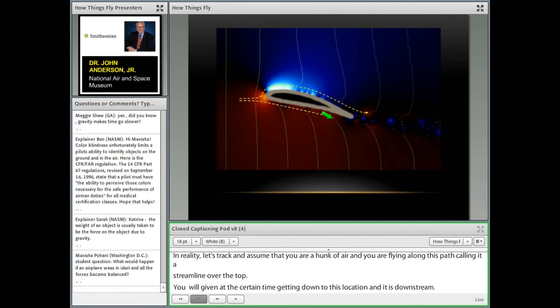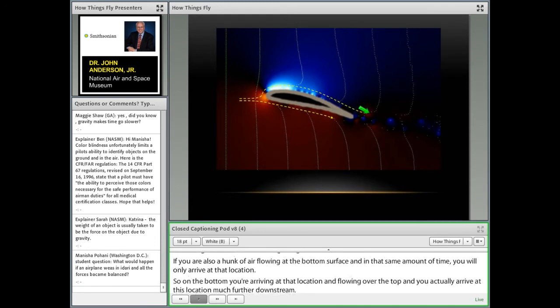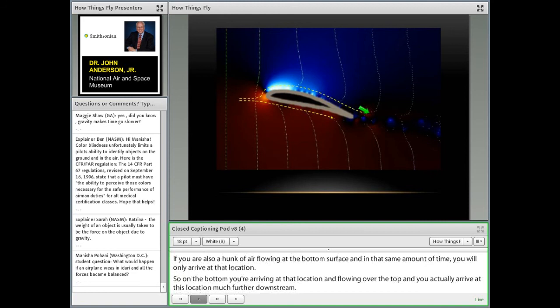So on the bottom, you're arriving at that location, while flowing over the top, you actually arrive at this location much further downstream. This is based on real calculations, real experiments, and that debunks the equal transit time theory, the misconception.